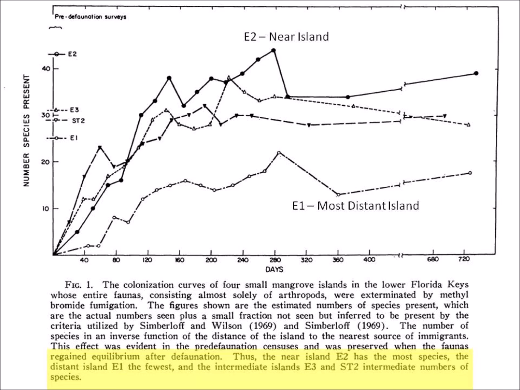So again, when the curve flattens out and we've reached that new equilibrium, it had the greatest species richness. So this graph, this experiment, supports the simplest model of equilibrium theory of island biogeography, that colonization and equilibrium number of species is related to degree of isolation of an island or distance from the mainland.